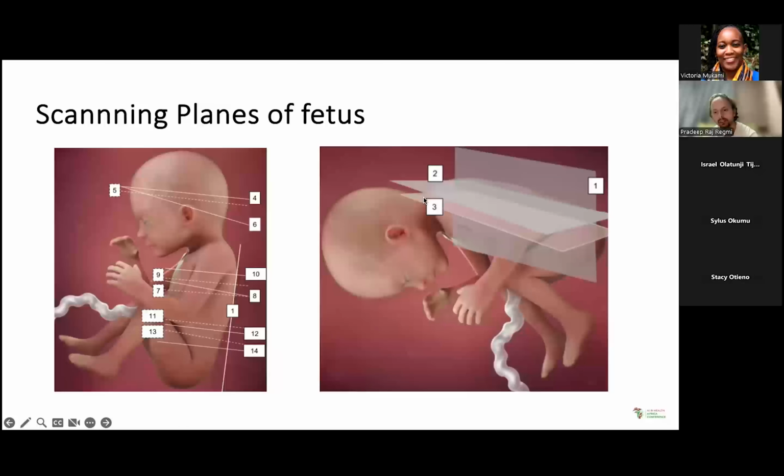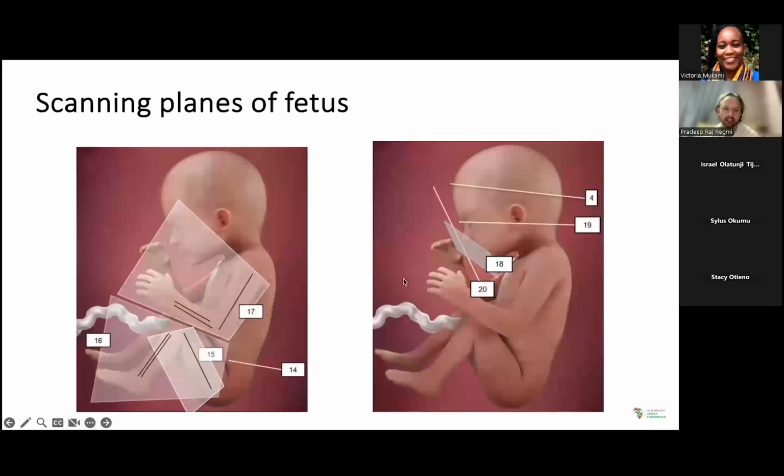And this is the graphic representation of how many planes we usually scan during the fetal anomaly scan. For the upper and lower limbs, we have to make the shaft of the bone perpendicular to the transducer plane so that we can see the whole length of the bone. And this is the measurement of the biparietal diameter, and the cerebellar diameter we measure this way.